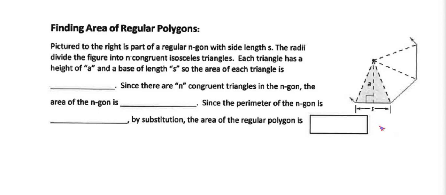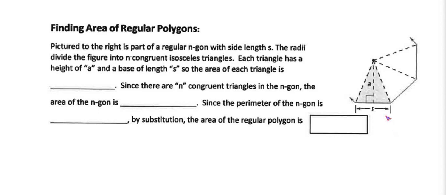Each triangle has a height of a, and a base of s. Why do we label them a and s? Because a is the apothem of our regular polygon and s is the side length of our regular polygon. But remember, it's an n-gon. That means it has n for the number of sides.